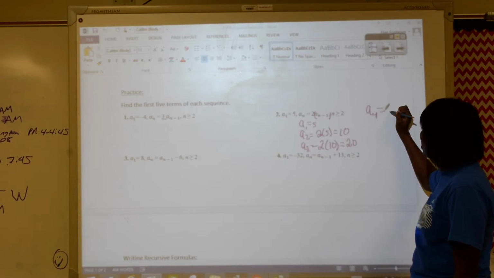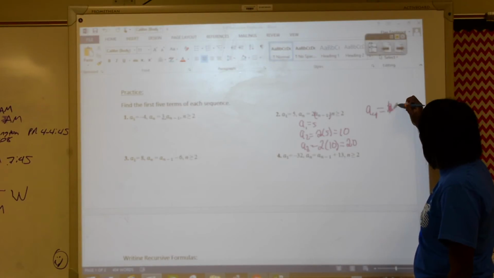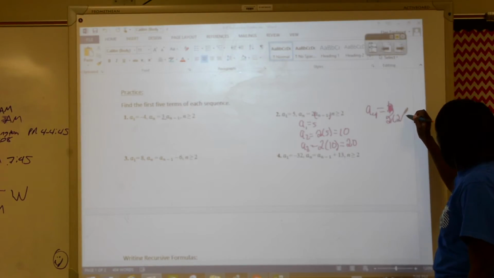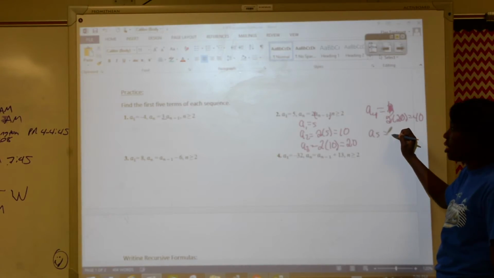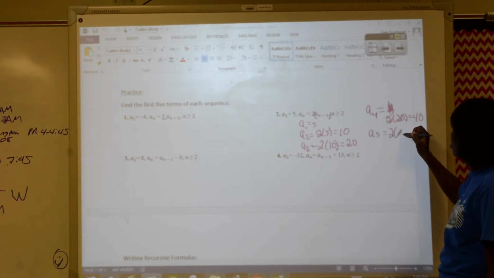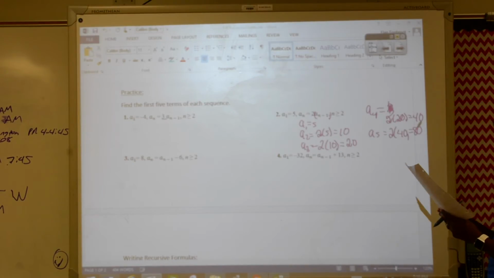A sub 4 is going to be our previous term times 2, and that equals 40. A sub 5 is going to be our previous term times 2, and that equals 80. So your first 5 numbers should have been 5, 10, 20, 40, and 80.